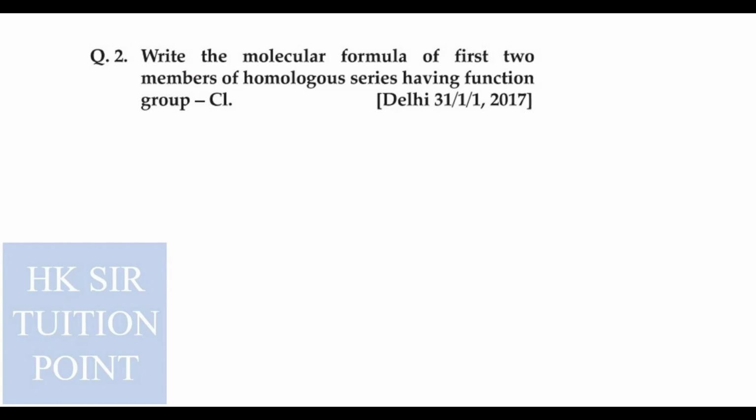So when they give this group Cl, it means it is an alkyl halide. Alkyl halide or haloalkanes, we call them haloalkanes also. Two different names.